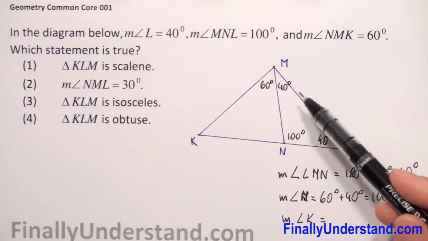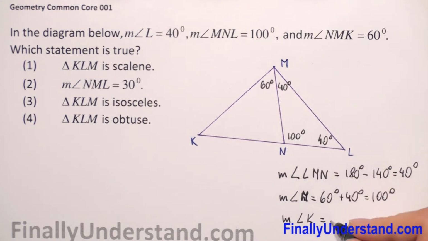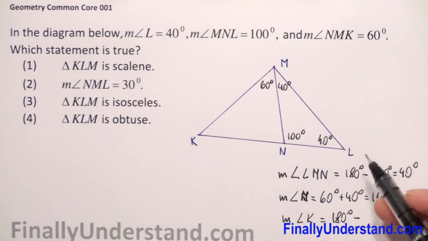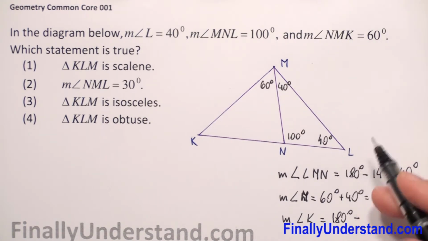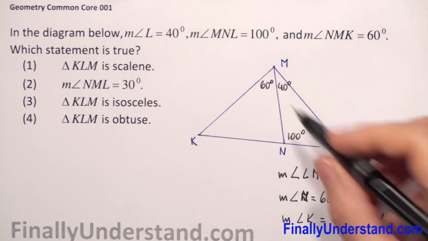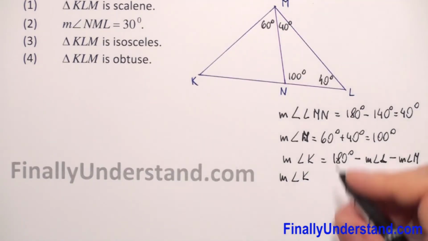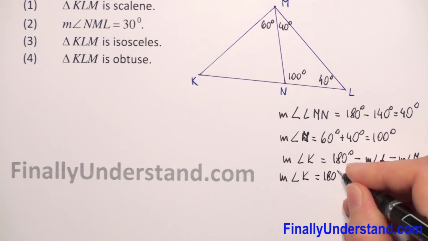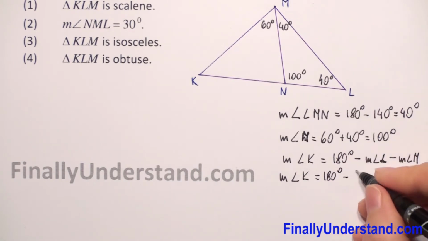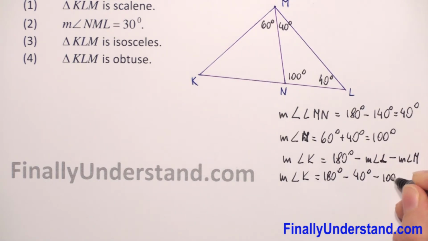Measure of interior angles of a triangle is 180 degrees. So from 180 degrees we have to subtract measure of angle L and measure of angle M. So measure of angle K will be 180 degrees minus, L is 40 degrees and M is 100 degrees.